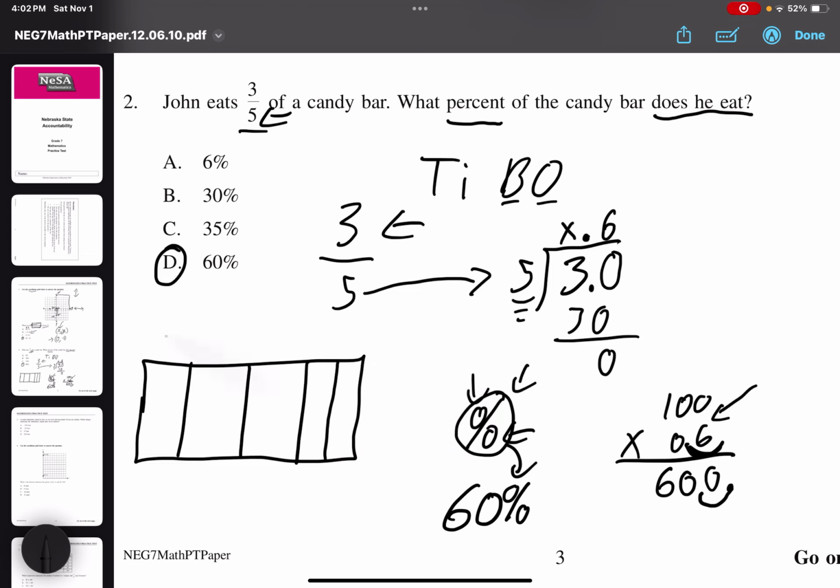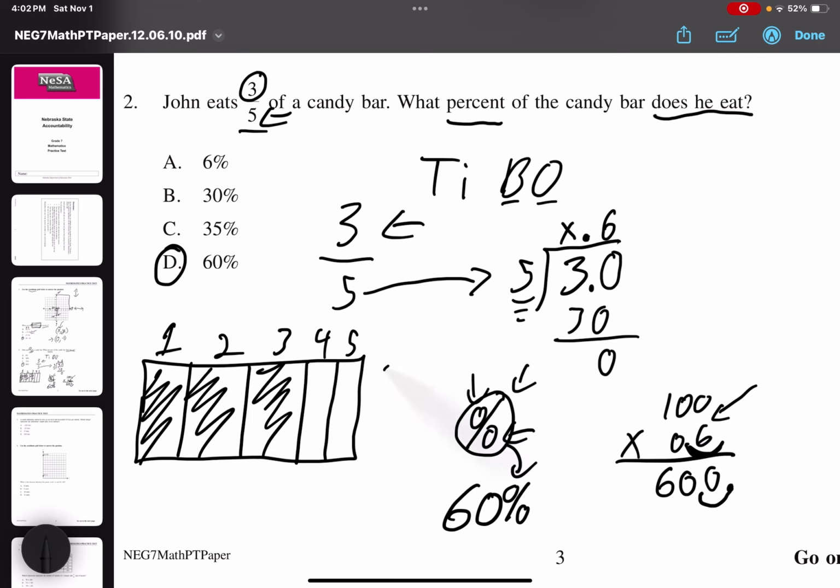So now you have 1 piece, 2 pieces, 3, 4, and 5. You ate 3 of it. So you ate all of this, and all of this. And this is better for visually seeing what you ate. If this helps the students more, this is a better way to do it.